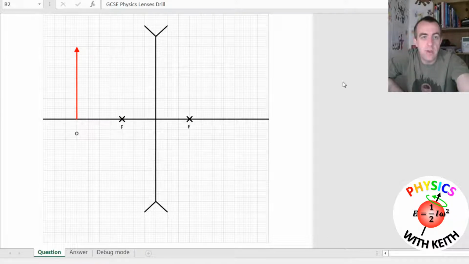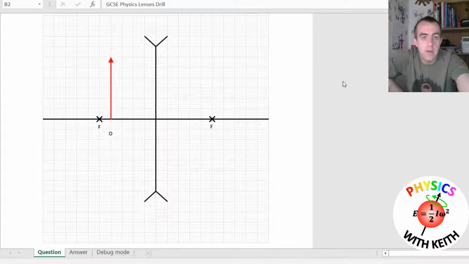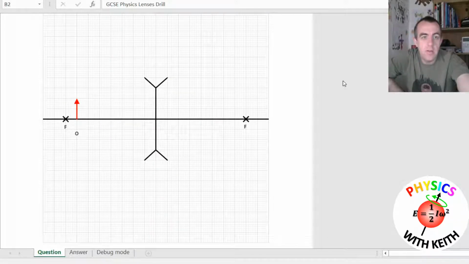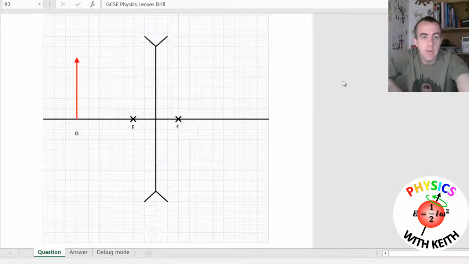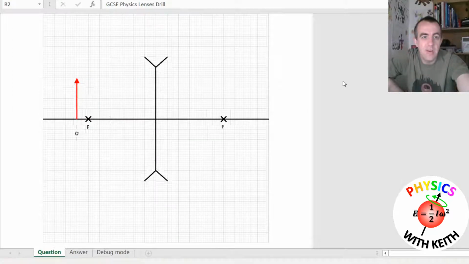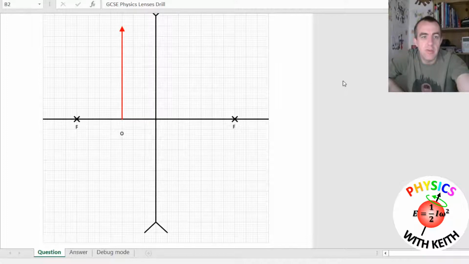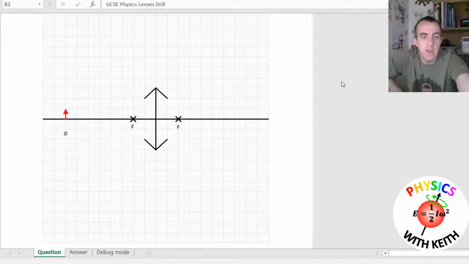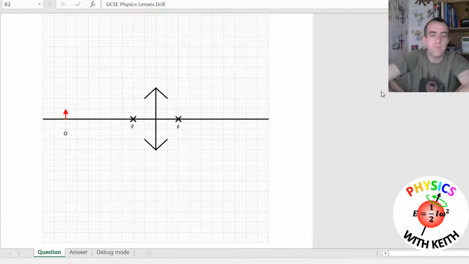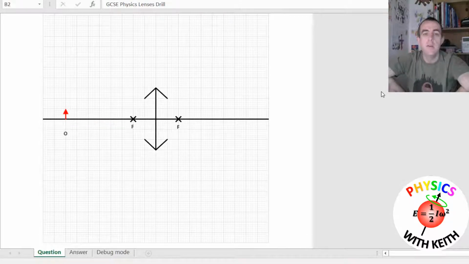Press F9 a few times until I'm happy with one. The problem with random number generators is when you want to generate a number you want, it never does. Let's go with this one. Might be a bit of a tricky one to draw.